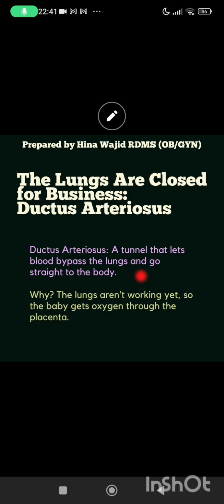So now it bypasses through the ductus arteriosus. The pulmonary artery directly joins the aorta. And how does it join the aorta? Through the ductus arteriosus. So this helps to bypass the lungs and directly enter the aorta. So this is another shortcut.